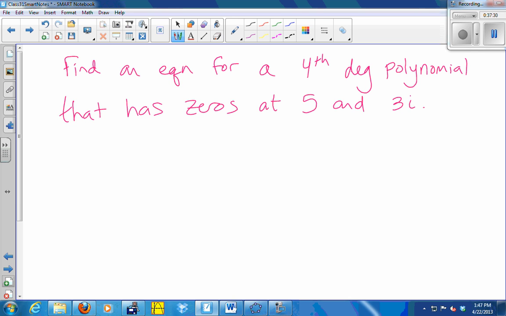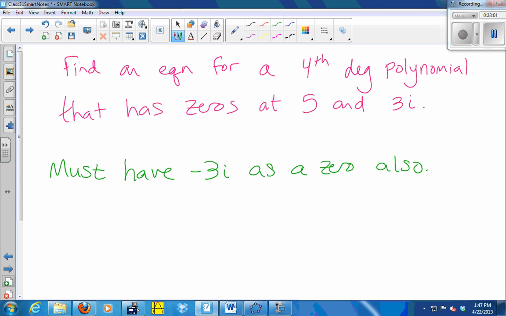So one of them you can say immediately has to be another 0. Which one? We should be able to come up with a third 0 very quickly. Yeah, -3i. So complex zeros always come in conjugates, so you must have -3i as a 0 also. Okay.